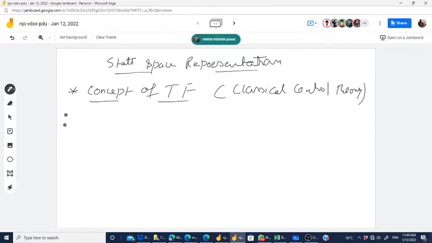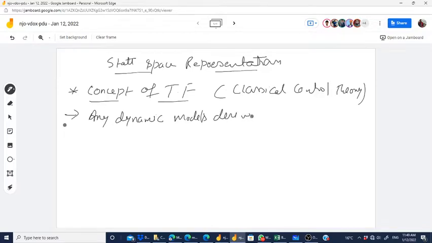So any dynamic system, any dynamic model, or the system derived from physical rules.